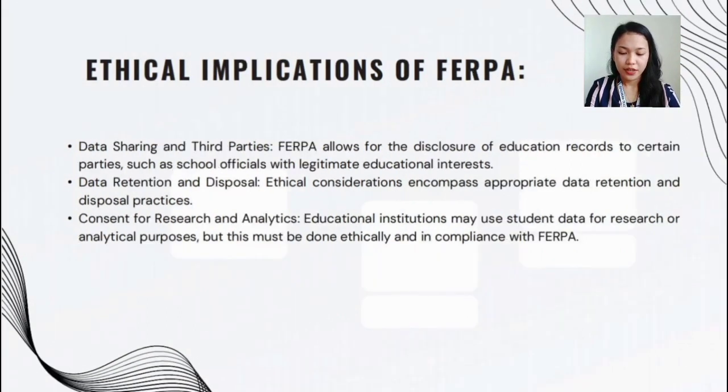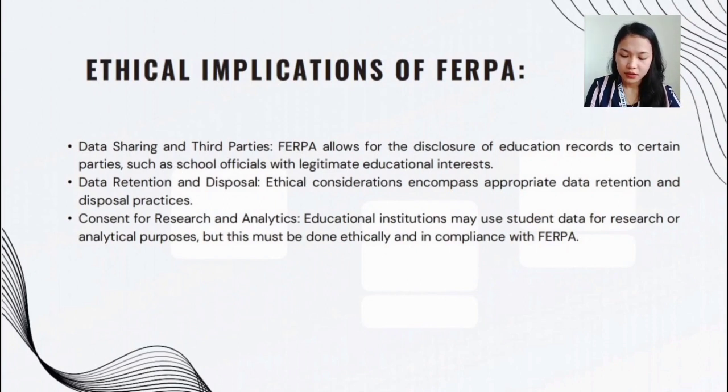Data sharing and third parties. FERPA allows for the disclosure of education records to certain parties, such as school officials with legitimate educational interest. Next is data retention and disposal. Ethical considerations encompass appropriate data retention and disposal practices.